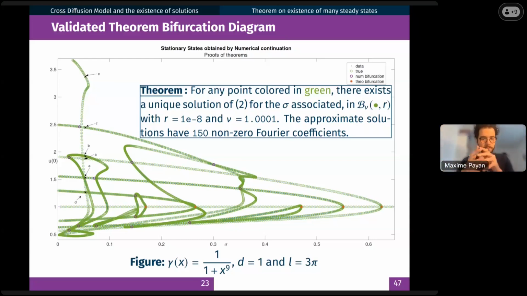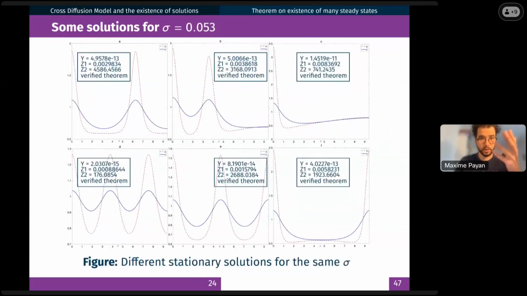I see. Thank you. And also I take a slice in sigma equals 0.053. You see that we have many different stationary solutions for the same sigma, and it informs you about the behavior you can encounter if you evolve your system.